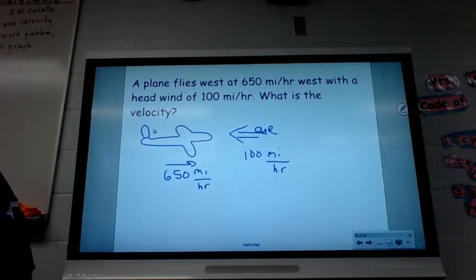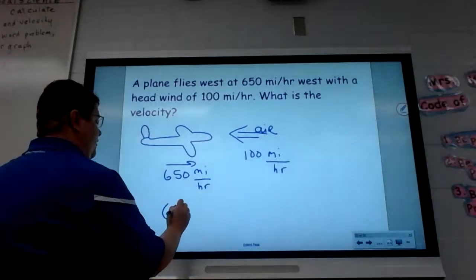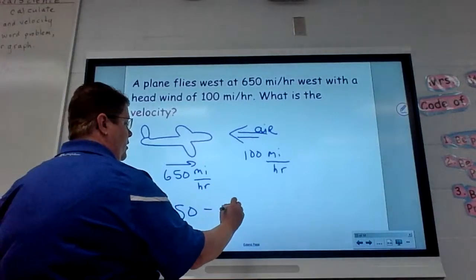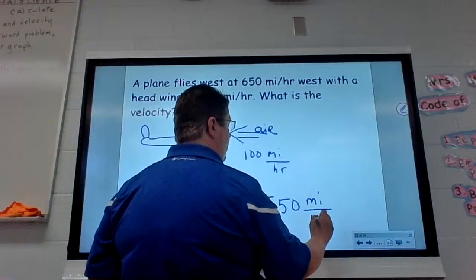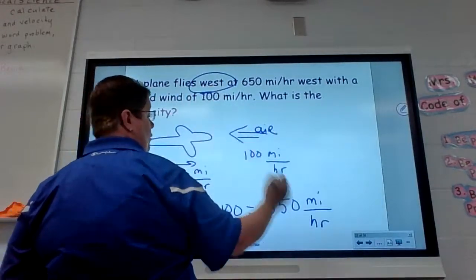Opposite. A headwind is blowing against whatever vehicle it is, whether it's a plane or a car. So what's it going to do to the speed? You're going to subtract because it's going to slow it down. So 650 minus 100, you get 550 miles per hour, and then your direction is west.